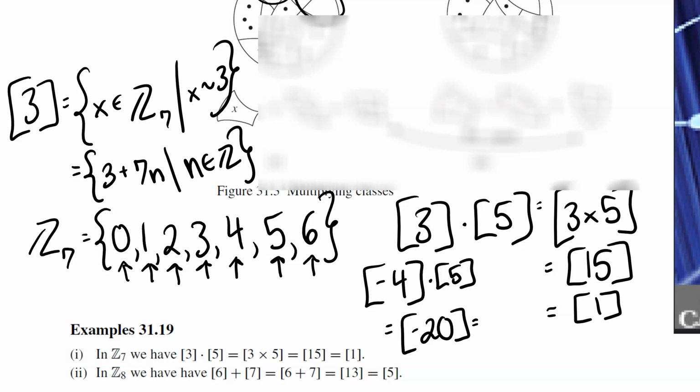Oh, well that is 1, because 7 times 3 is 21. Okay, cool. Of course we can't do proof by example, but this is kind of what I'm saying: we're multiplying the classes together and we should still get the same equivalence class.